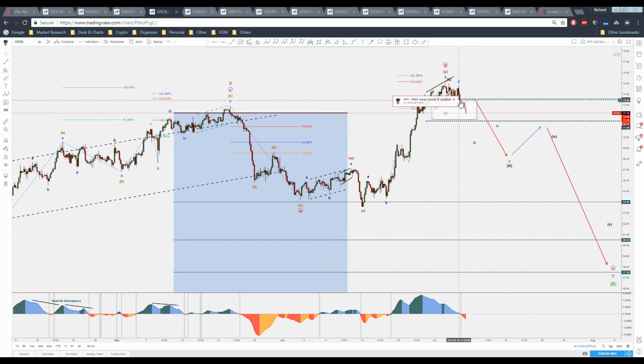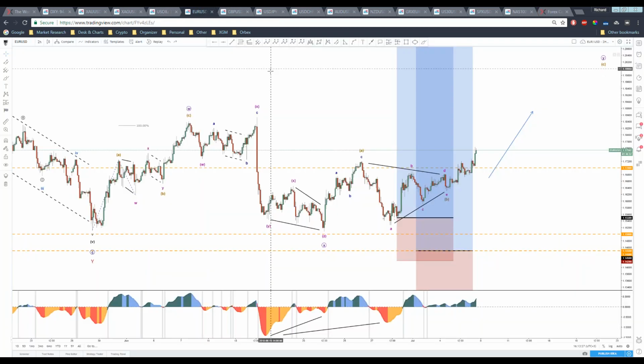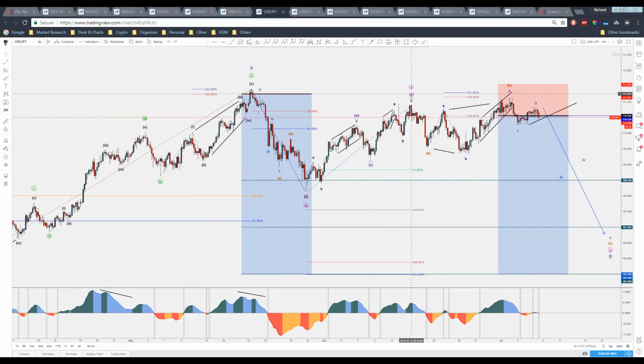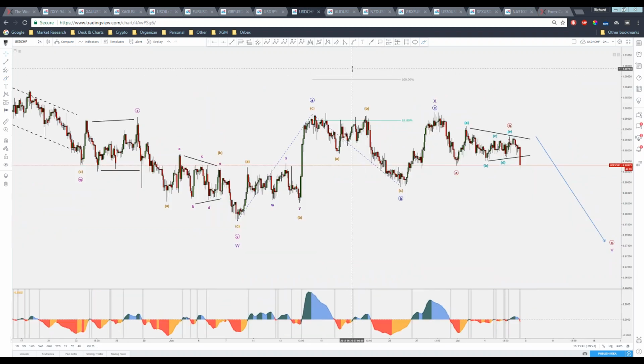Crude oil is indeed bearish. Euro still bullish, pound dollar still bullish. USD yen, as I said, gold could be waiting for the yen to get that safe haven effect, and possibly get that slingshot effect.